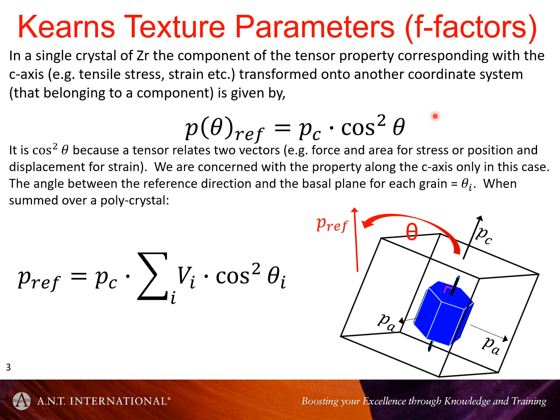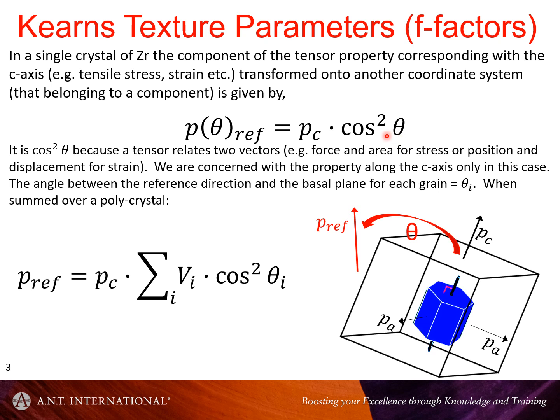For those of you who have been familiar with vectors, when you resolve a vector into a given direction, it's only a simple single trigonometric function. It could be cos theta or sine theta or whatever it is. But when you're doing tensors, the transformation involves combinations of these vector transformations, and that's because a tensor relates two vectors. And so you have two vectors you have to deal with, and you don't have to worry about why, but if you're interested in tensors, there's lots of books on it and lots on the internet.